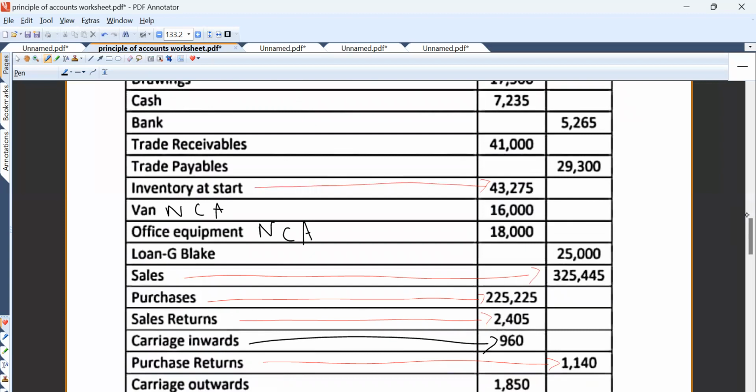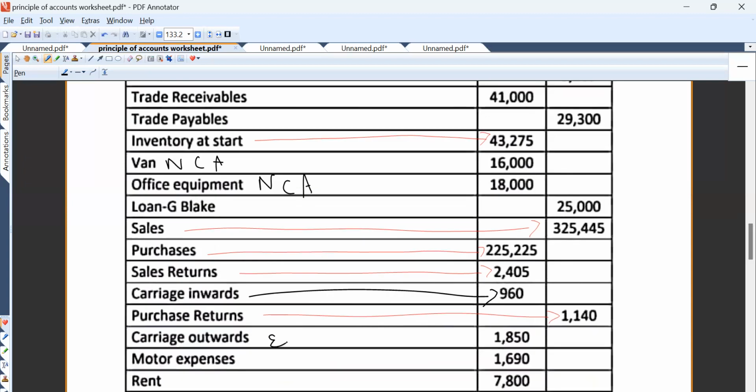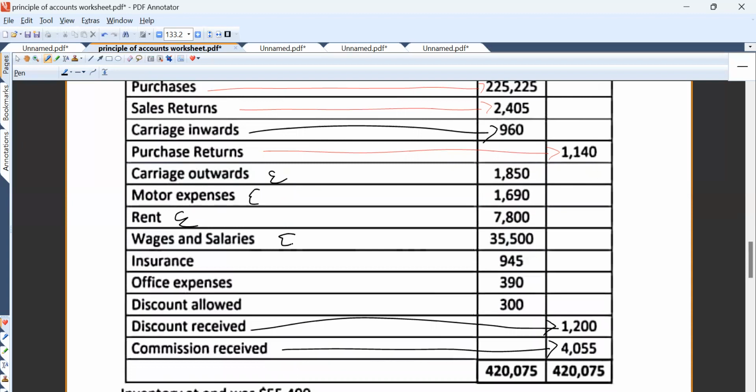I will tell you what expenses we have over here. Expenses we have are carriage outwards, motor expenses, rent, salaries and wages, insurance, office expenses, and discount allowed. All of these are expenses.